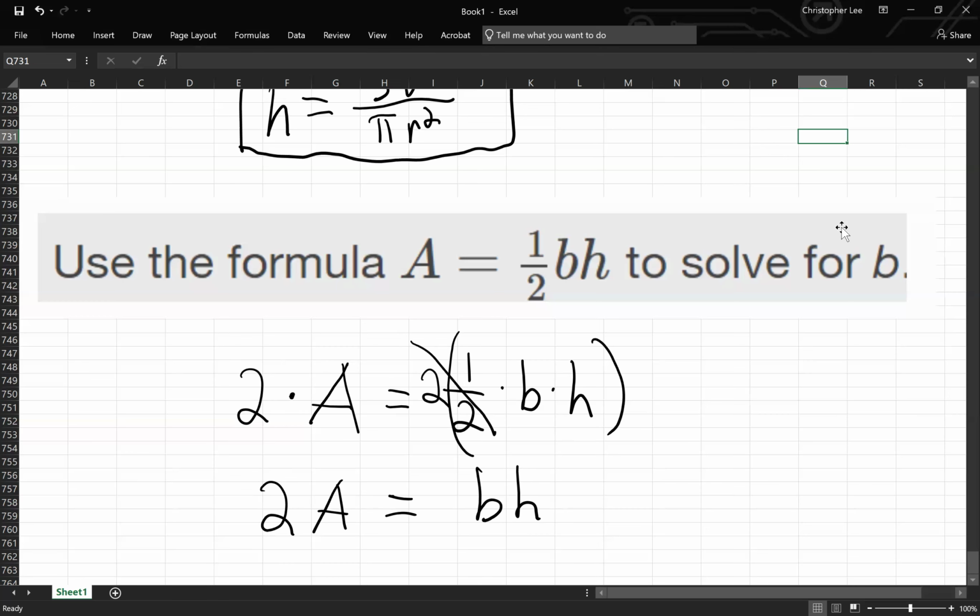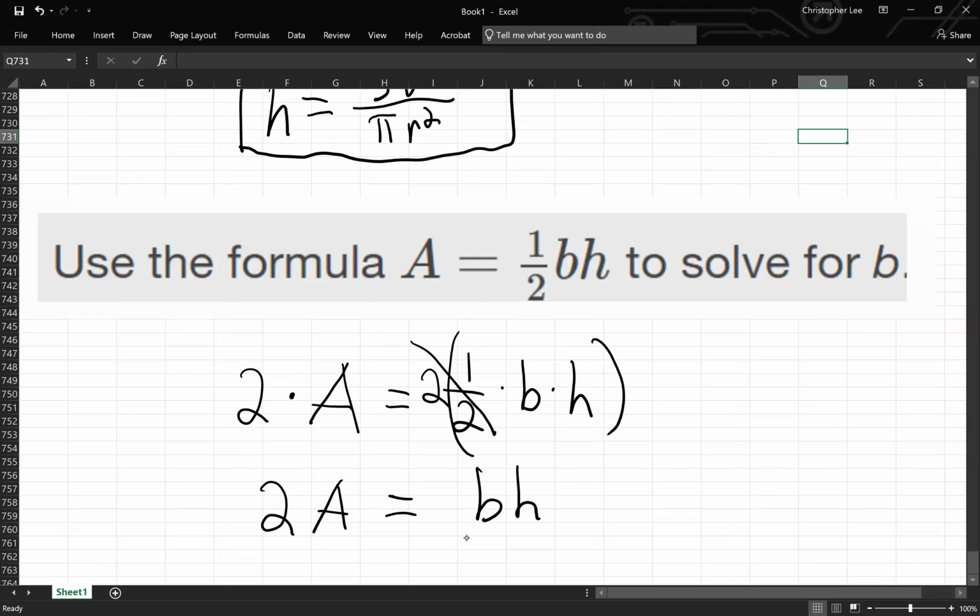Because the denominator was 2. See, it's 1/2. Exactly. But you got to be fair. What you do to one side, you got to do to the other. So how do I get rid of the H? Because I want to solve for B. Divide, right?